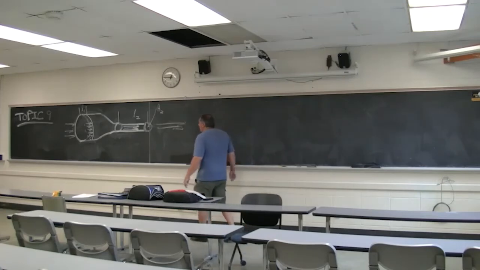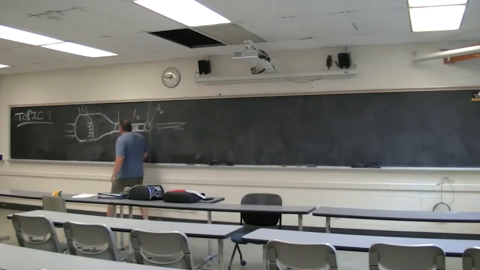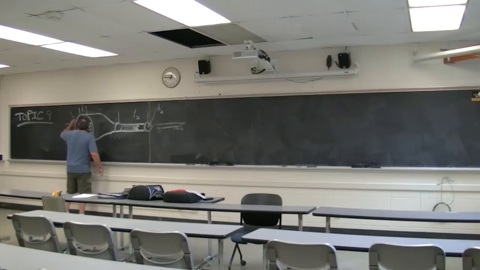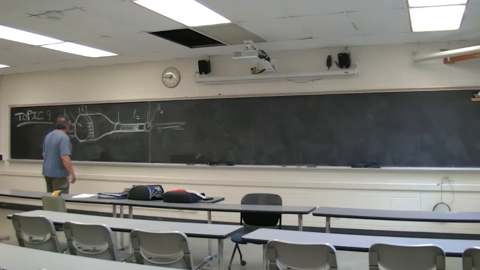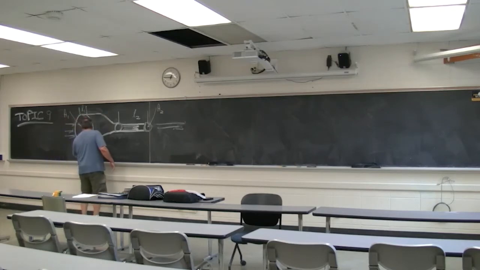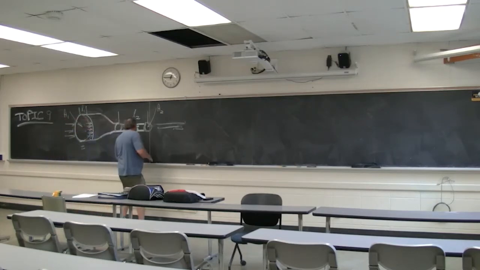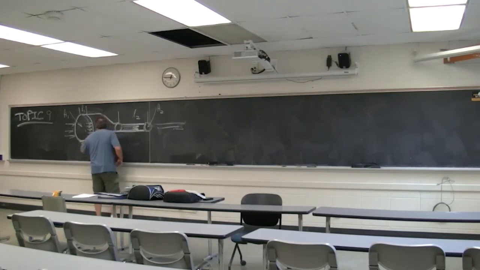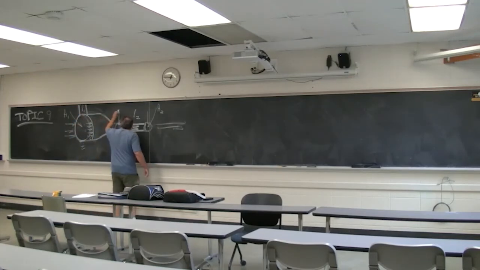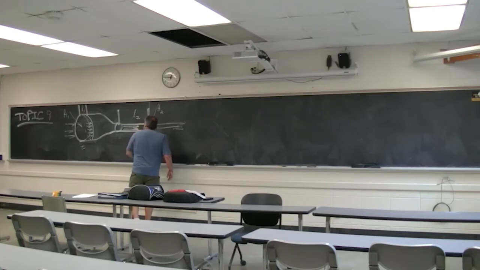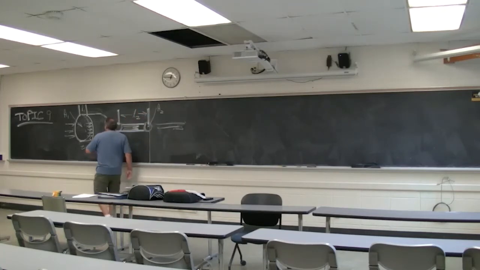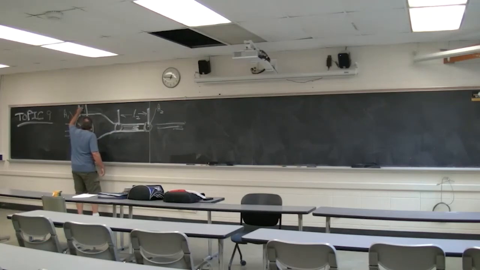This cross-sectional area is A1. All of this took place in a time t, and for a time t, it went this far. Here it went this far. What does that mean?